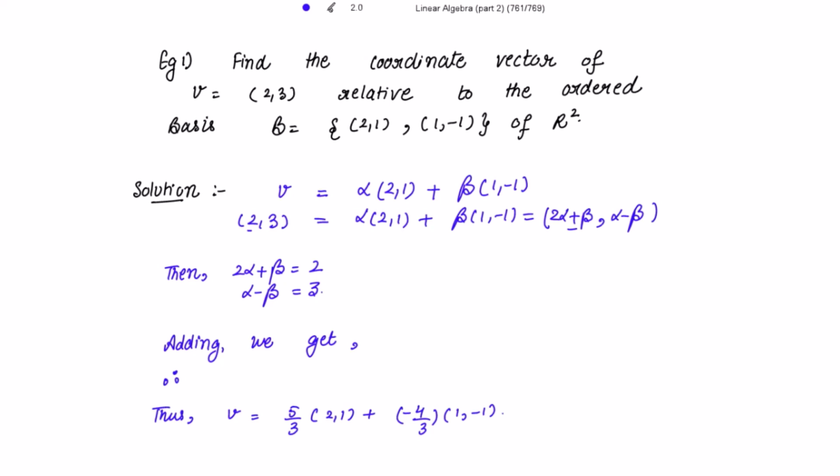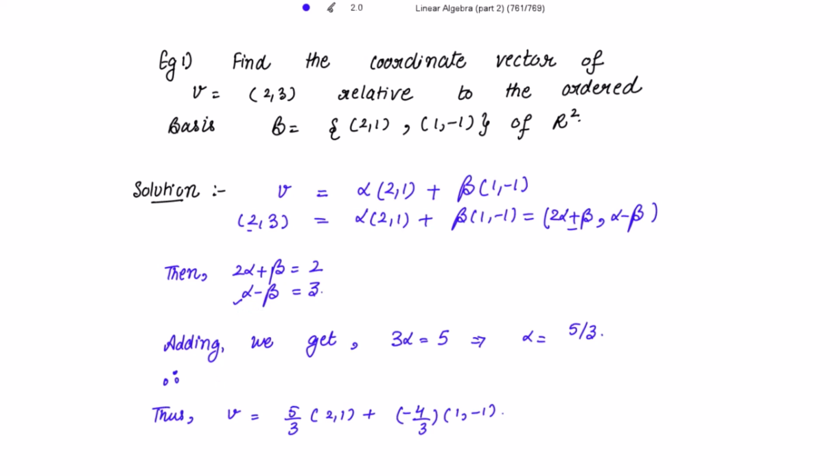So adding these two, I get 3 alpha is equal to 5, which implies alpha is coming out to be 5 over 3. And from the second equation, I can put the value of alpha here.